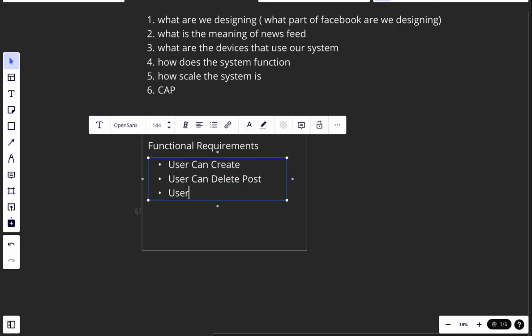User can read post. Let's say that we care about create and read, right?